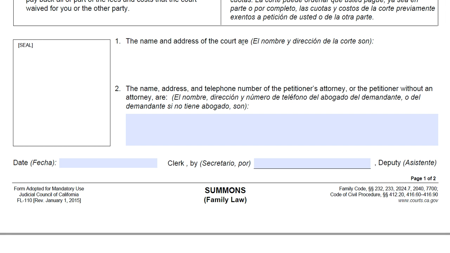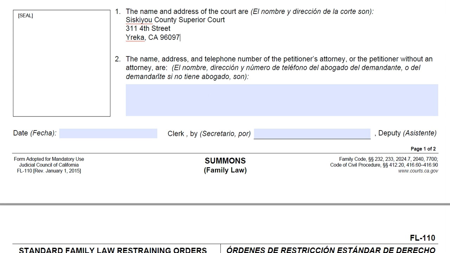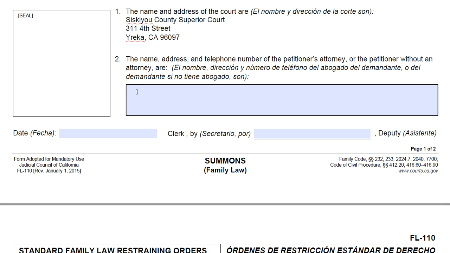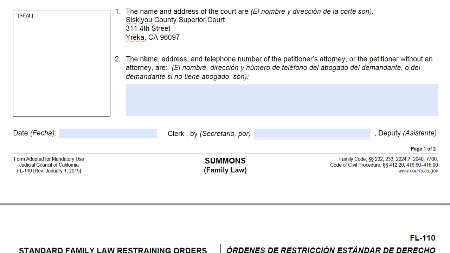Okay, so for people in Siskiyou County, this would be the court name and the address is as follows.